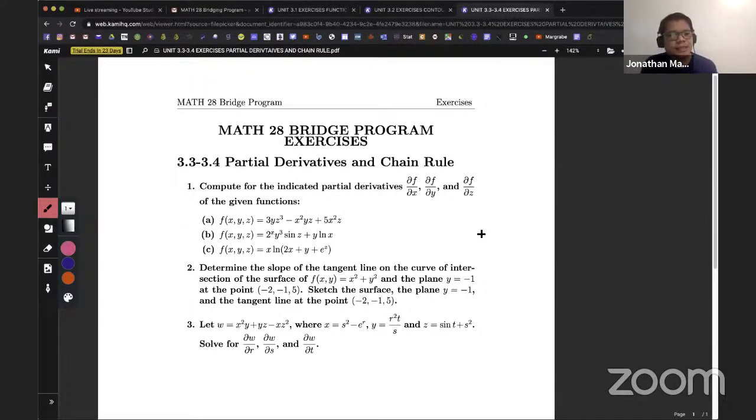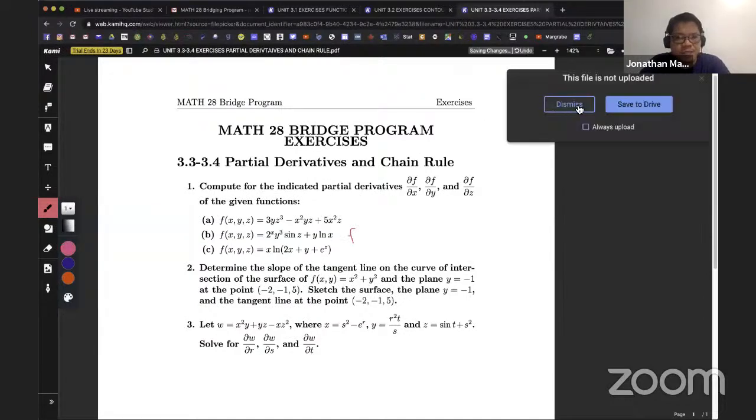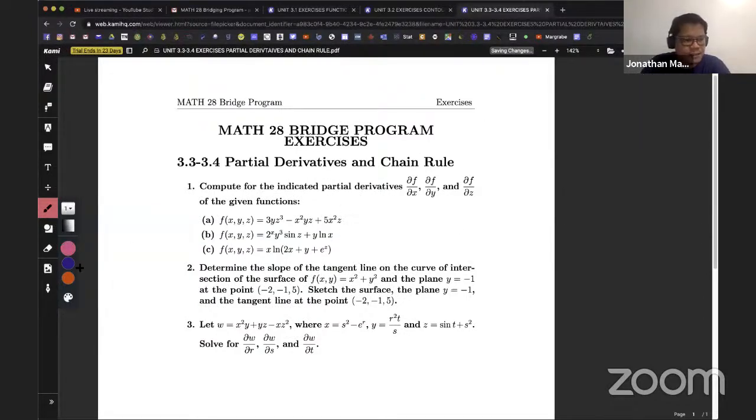So, let's say, ang kunin natin ay letter B. F of x, y, z equals 2 raised to x, y cubed sine z plus y ln z. Or sorry, ln x. And we take f sub y, or the partial derivative of f with respect to y. F sub y of x, y, z.